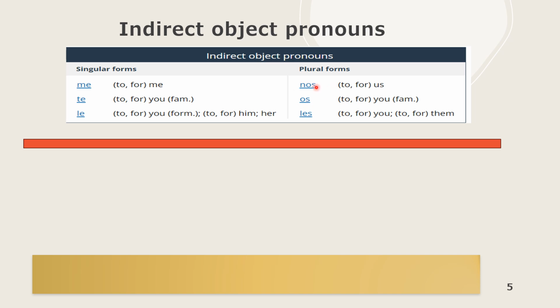Here now is the plural form: nos, to or for us; os, to or for you, familiar; les, to or for you, or to or for them.